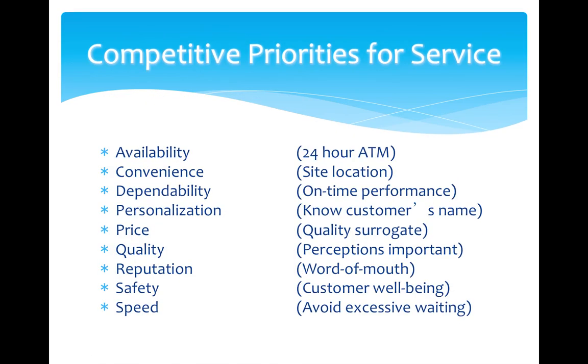Competitive priorities. Well, so our competitive priorities are essentially your same performance objectives that allow you to compete. And we see for services, availability, convenience, dependability, personalization, price. So think about any service company that you like. You could find out, well, what is it that they're really offering you? Is it convenience, dependability, personalization, price?